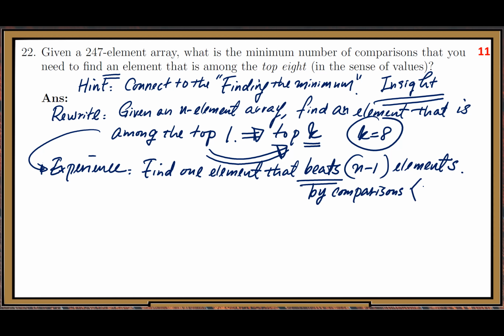Then you can define the winner and the loser, right? The comparison: winner, loser. You can define it based on, because if you want to find the minimum, then the smaller one becomes the winner. Let me use more space here.